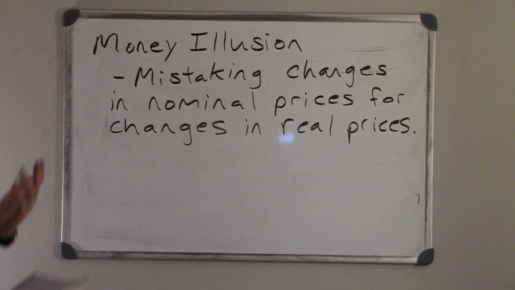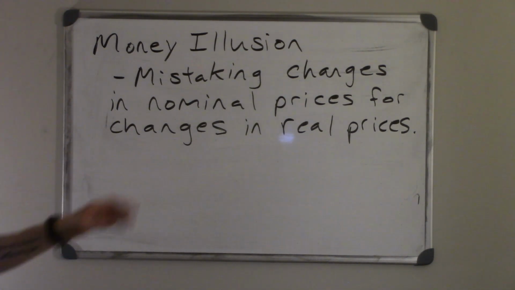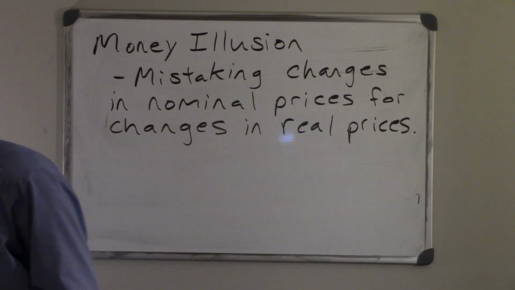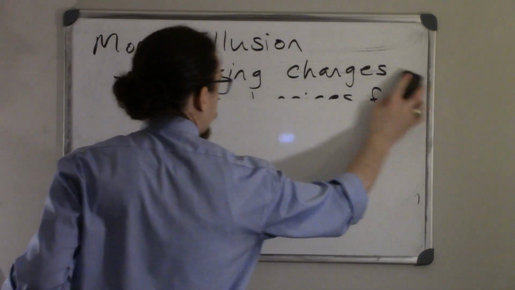We have trade to a much greater extent now than they did back then. All right, but this money illusion can make consumers think that a good is more valuable than it actually is, and refrain from purchasing it and consuming it, even though its real price was the same before inflation, right? And so again, we see some missed opportunities when we have money illusion.